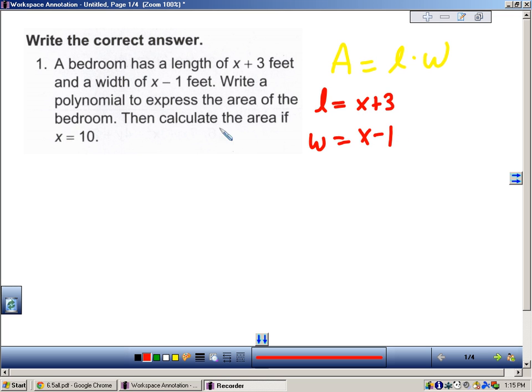So the question says write the area as a polynomial, so let's substitute. So our given area is length times width, right? So for the length, we have this value, and for the width, we have this value.